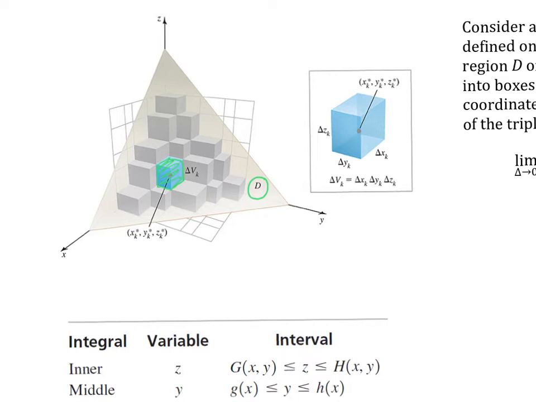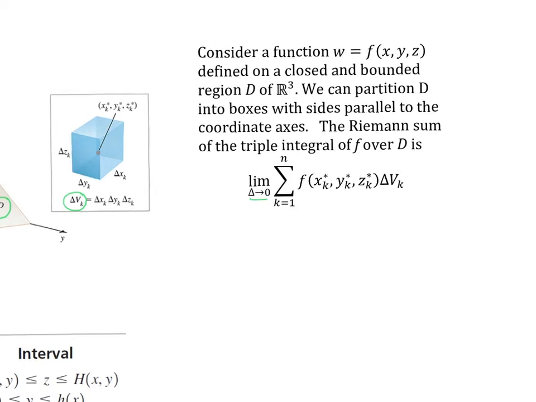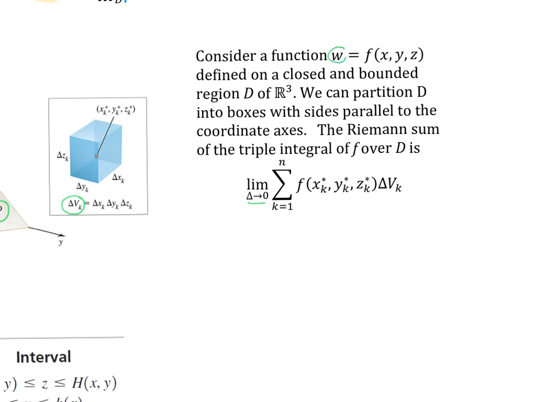Looking at a close-up of one of these boxes or volumes, it's going to give us some volume delta V. So if we simply take the limit as delta goes to 0 of this Riemann sum, where our function is going to be some function W written in terms of x, y, and z, so we're taking W times delta volume.